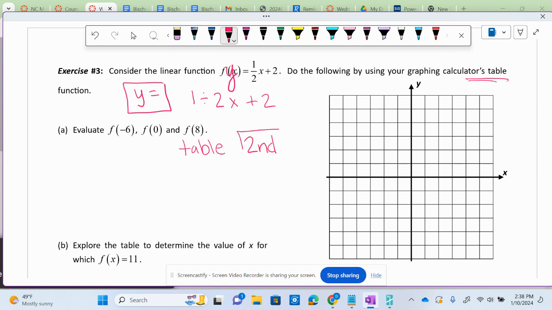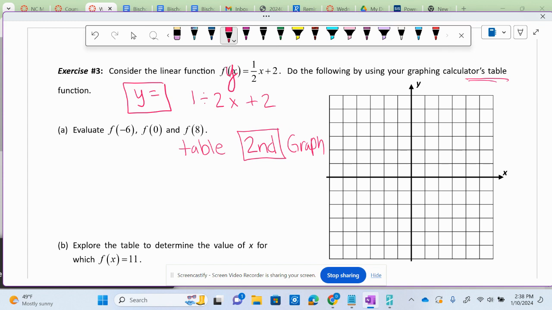Yeah, second and graph. That will take you to the table. So after you do that, I want everyone to go to second graph. And if anyone has any crazy numbers, like my table is starting at 2000, that's just because I did that myself.